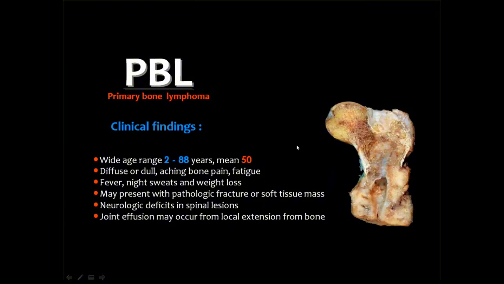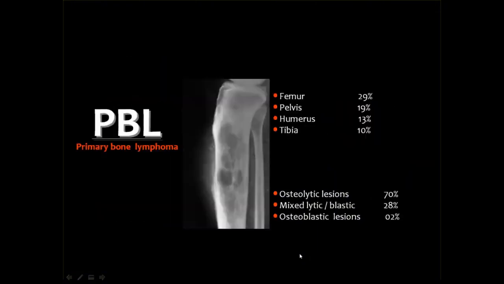Then the clinical findings: the mean age group is also around 55. Dull aching pain and fatigue, fever, night sweats, and weight loss, pathological fractures, neurological symptoms due to spinal cord or nerve root compression.